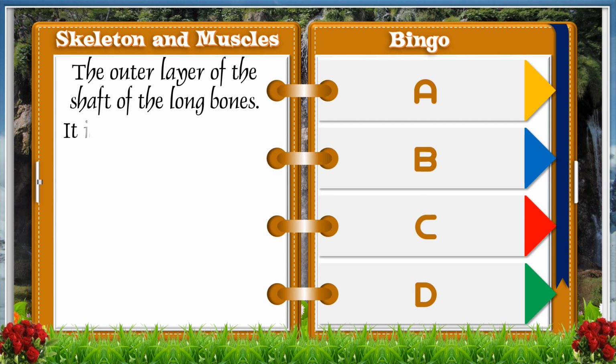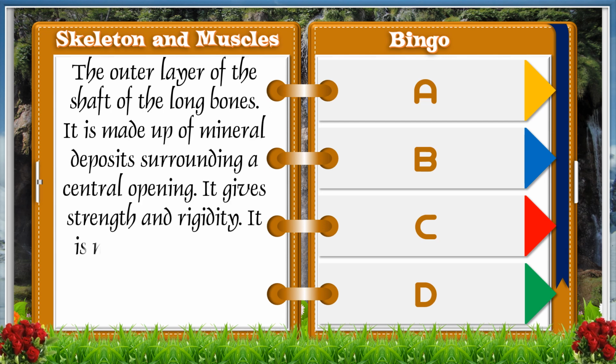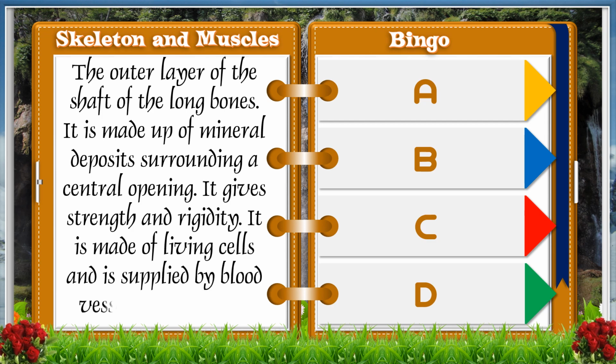The outer layer of the shaft of the long bones. It's made up of mineral deposits surrounding a central opening. It gives strength and rigidity. It is made of living cells and is supplied by blood vessels and neurons.